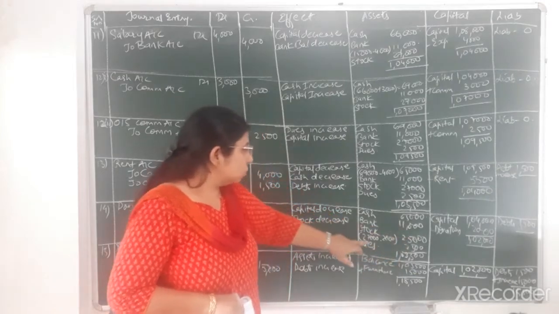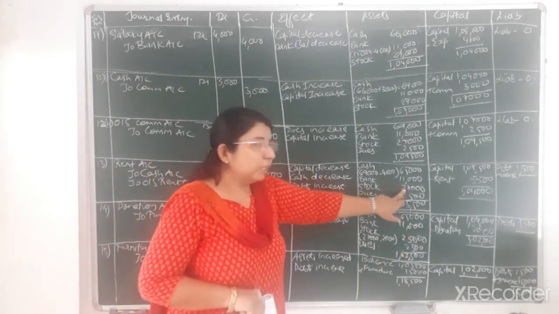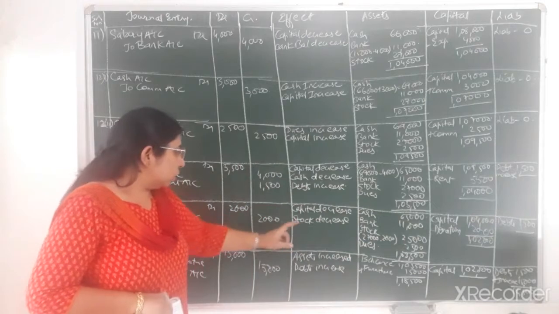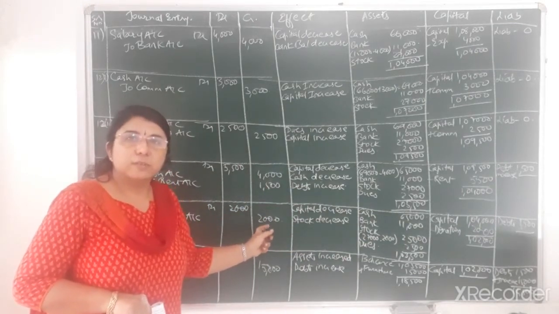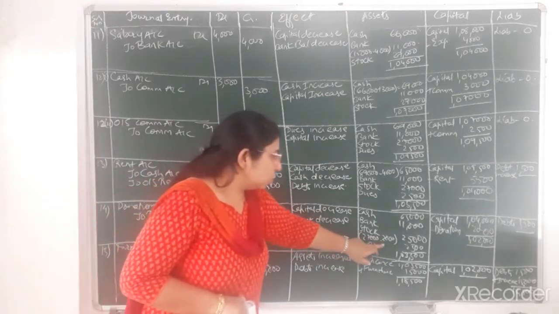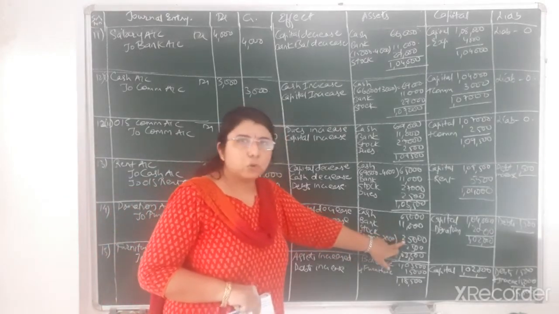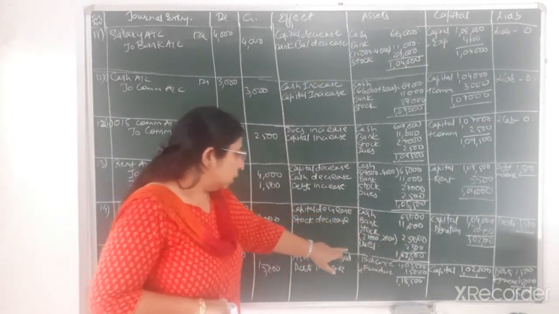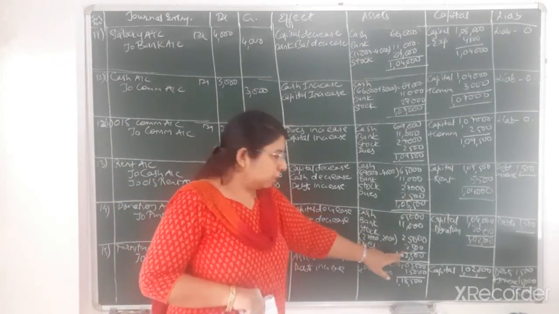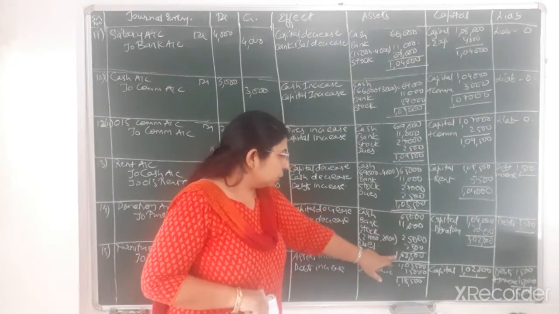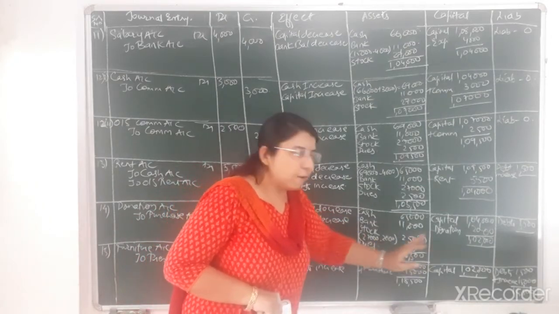Stock value, previously it was 27,000. Now stock is decreased by rupees 2,000 because we have given 2,000 worth of goods as donation. So 27,000 minus 2,000, the remaining balance of stock would be 25,000. And dues also as it is from the previous transaction, 2,500. So now the new balance of assets would come to 1,03,500.